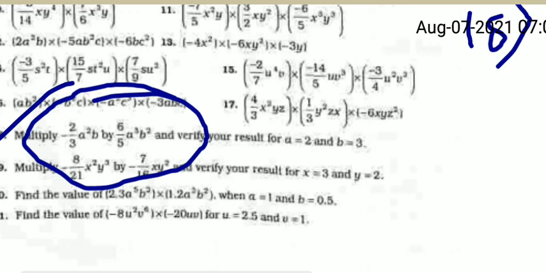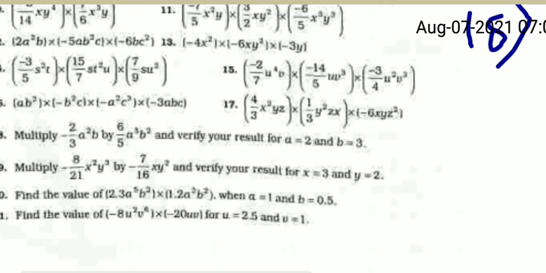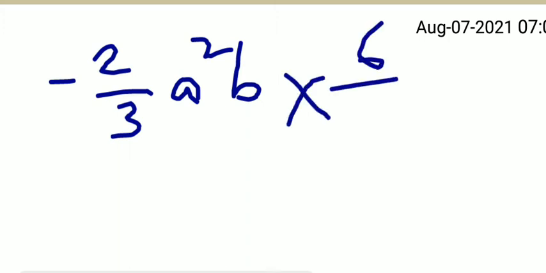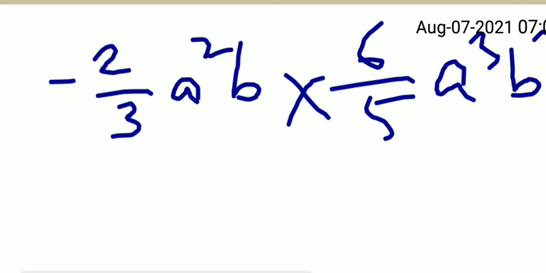So first of all you have to write the question. Here write minus 2 by 3 a square b, multiply is there, so write the multiply sign, into 6 by 5 a cubed b square. Equal sign.